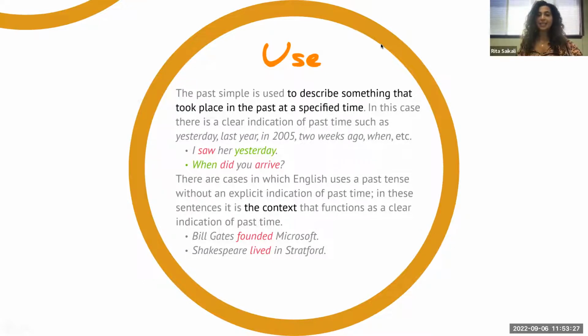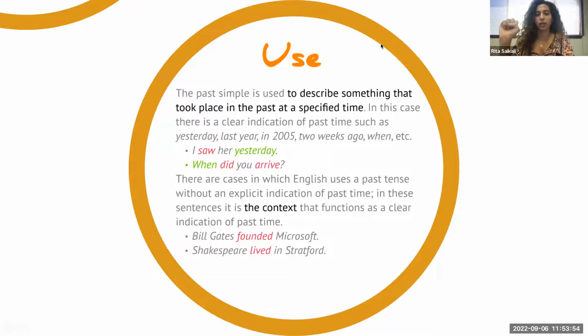So in this case, there is a clear indication of the past time, such as yesterday, last year, in 2005, two weeks ago. When did you see her? I saw her yesterday. Okay, so if we have a clear indication of a time, we use simple past.